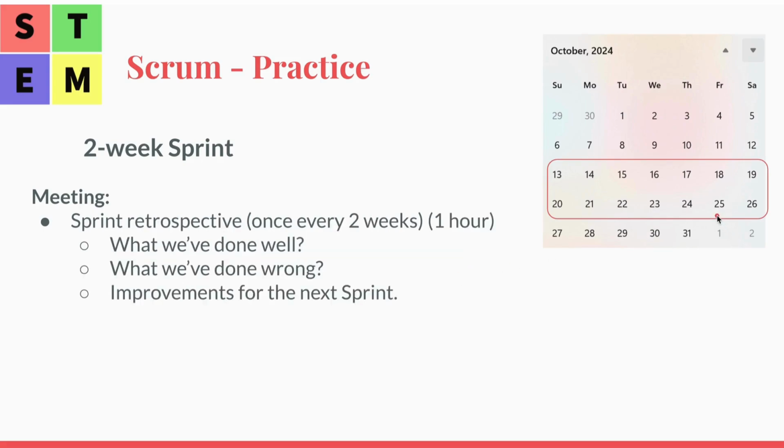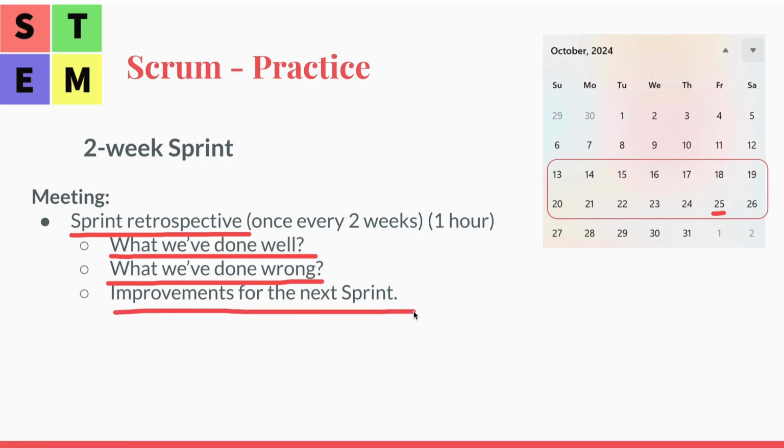And then the same day, usually the Friday, we are going to have sprint retrospective meeting. Within the meeting, 3 topics usually will go through: what we've done well, what we've done wrong, improvements for the next sprint.